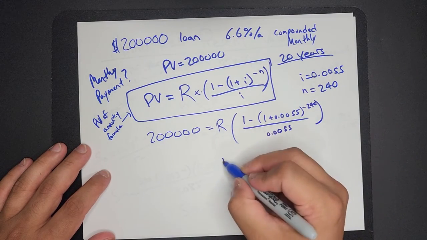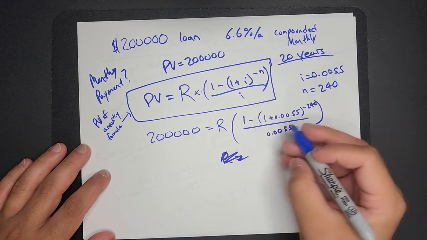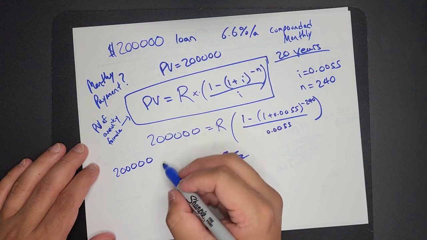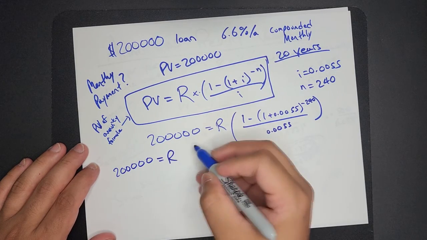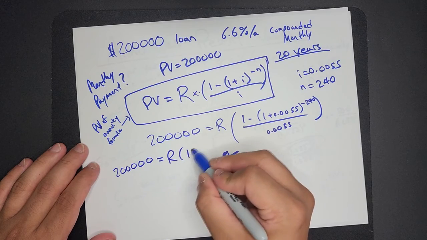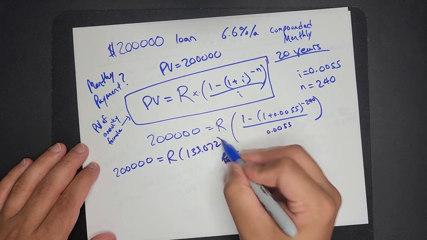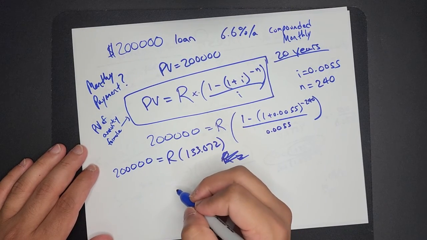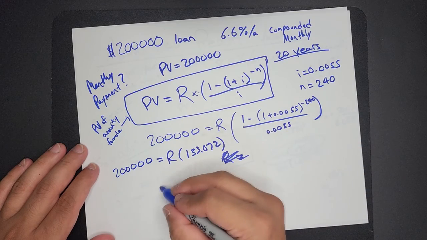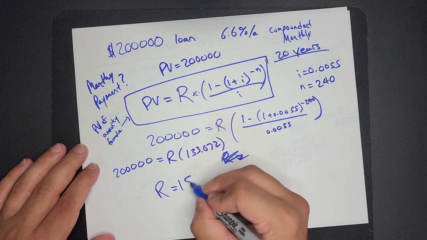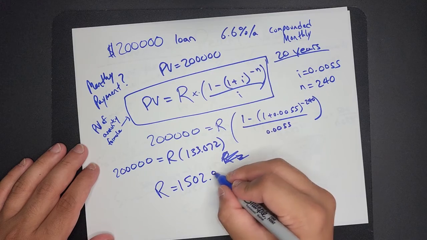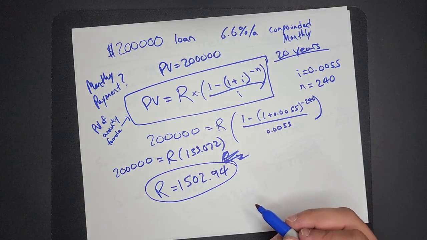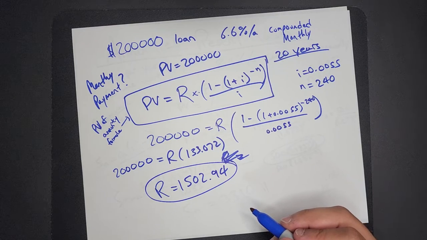And this will all equal 200k equals R times 133.072. When you divide both sides by 133, you get R is equal to 1502.94. That will be the monthly payment to pay this off.